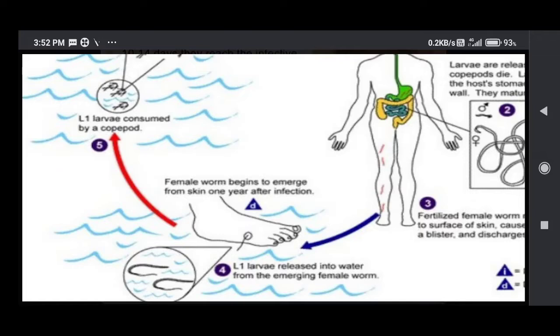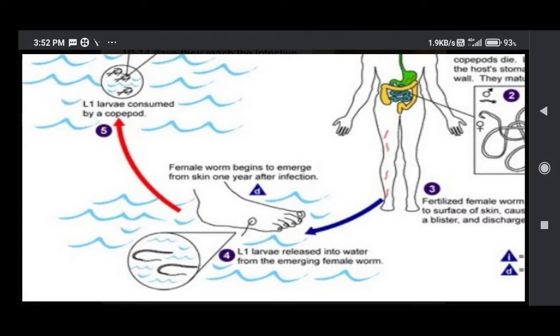Whenever human beings place their legs into water bodies, the female releases larva 1. The larvae are released into the water from the emerging female worm.